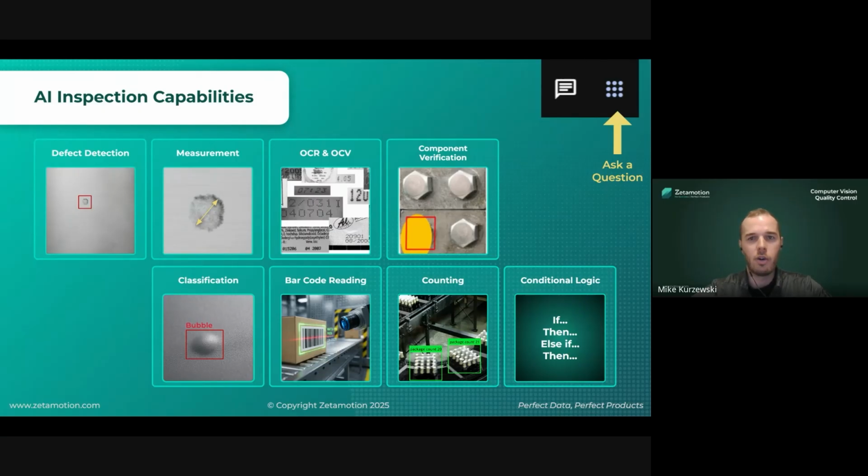And in your QC process, there are obviously a lot of cases where you're combining a number of these into your solution. You might need to do OCR and defect detection and component verification all in one solution, as well as maybe barcode reading if you're trying to identify parts by ID along your inspection process.